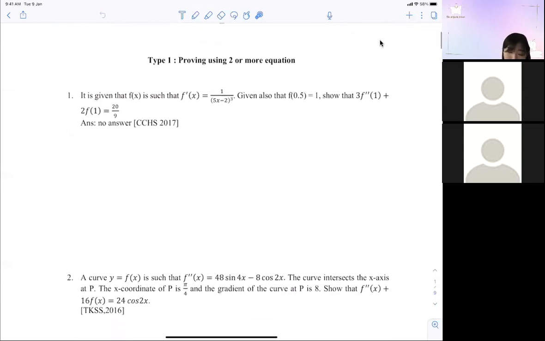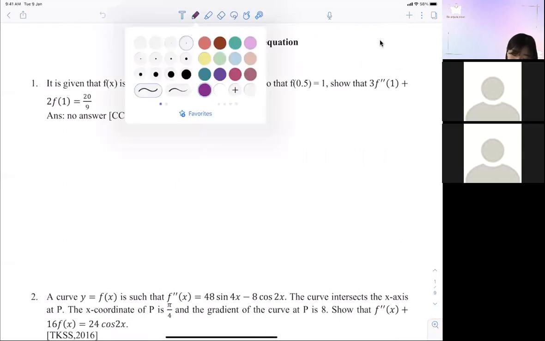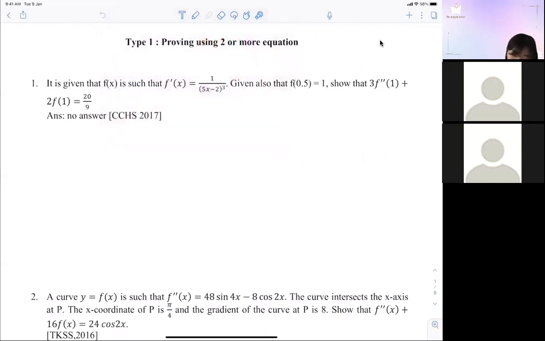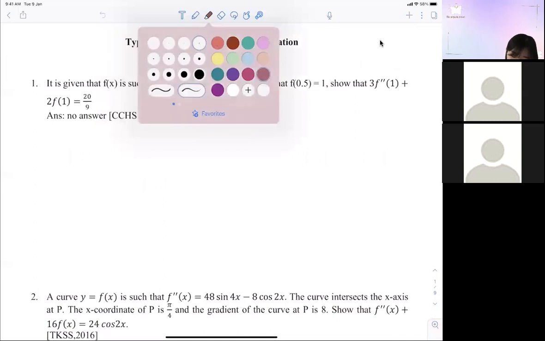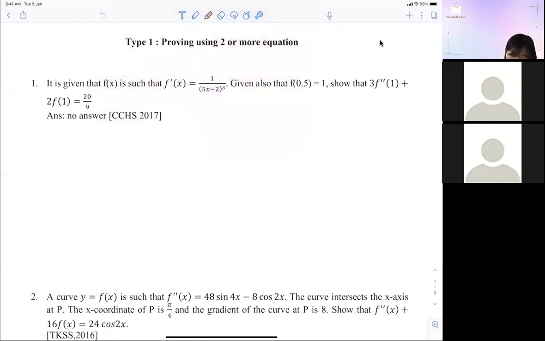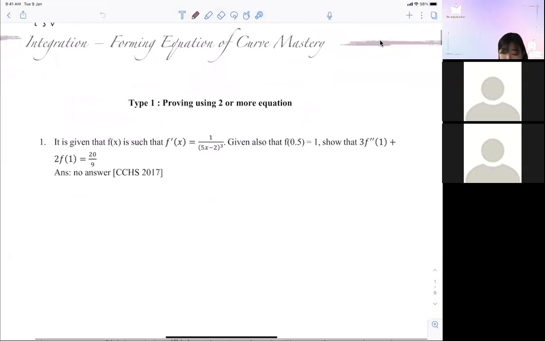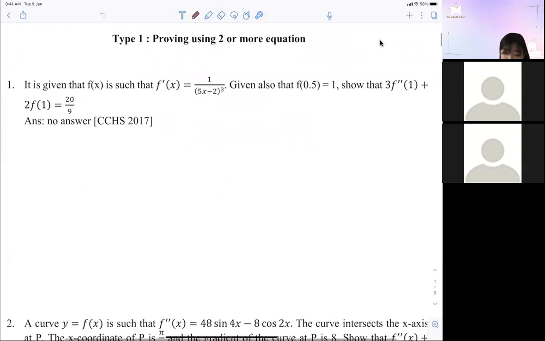Have it? You have it? You printed? Wait, I must print it out.